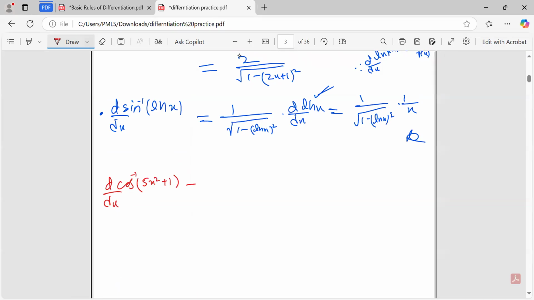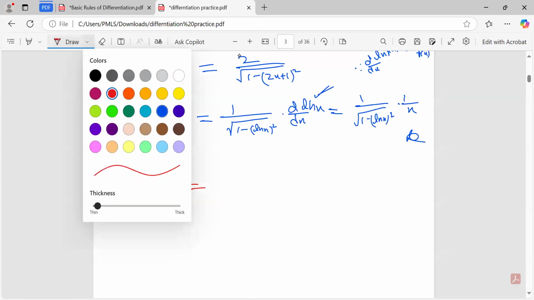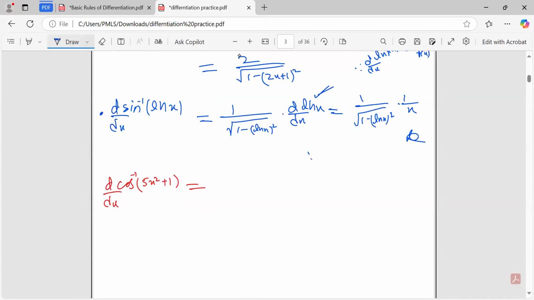You need to apply the rule: d by dx of cos inverse of u is equal to minus 1 over square root of 1 minus u squared times du by dx, right? So u here is 5x squared plus 1, and we take the derivative of u, that is 5x squared plus 1.